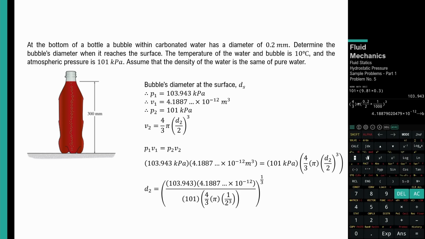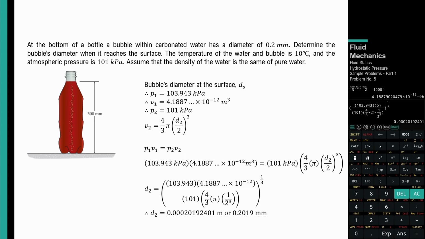So, 103.943, then the value stored in B, then 101 times 4/3 pi times 1 over 2 cubed, and then the cube root, so 1 over 3.